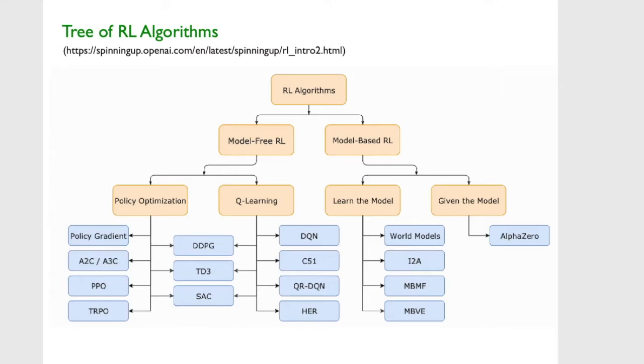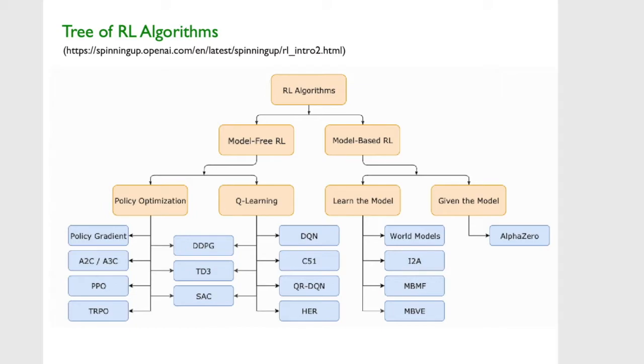If we look at this table here, on this tree, we can see a hierarchy of at least one point of view of the way reinforcement learning algorithms fit together. I think it's a pretty good view, even if it's a bit simple. It's missing some dimensions, but it's a good basis.